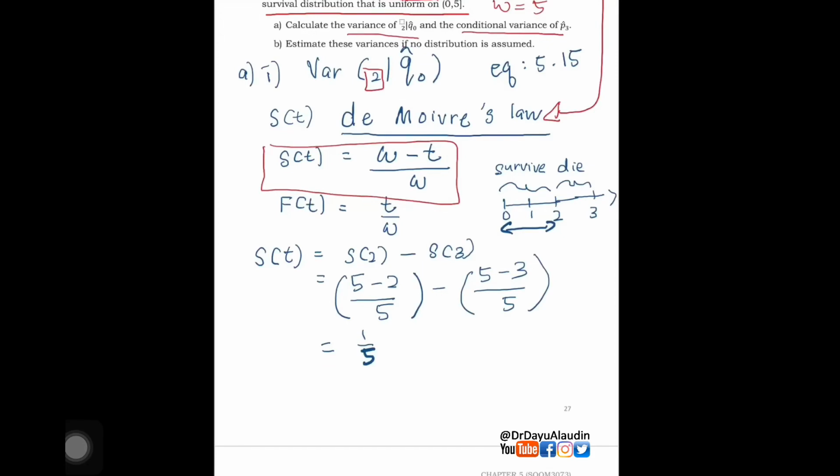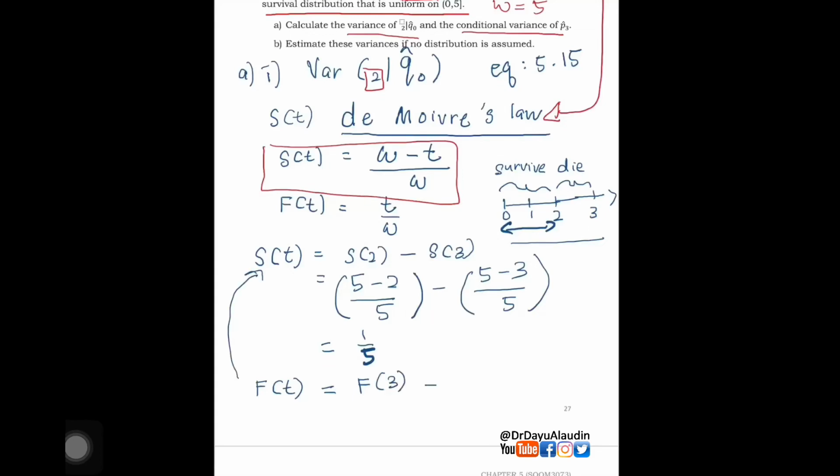If S(t) gives 1 over 5, F(t) is also 1 over 5. If you use F(t), you just consider the die. We find this case when we use F(t) the other way around from S(t).